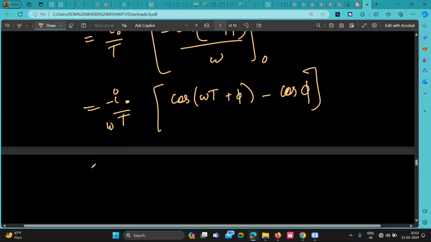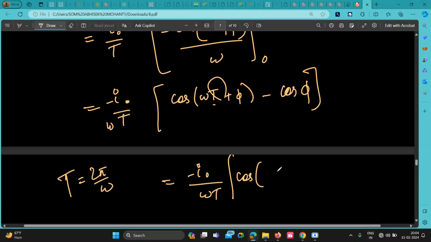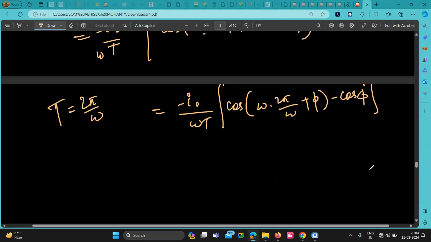Now we know omega is 2 pi by T, so T is 2 pi by omega. Put it here: minus I naught by omega T, cos omega into 2 pi by omega plus phi minus cos phi.